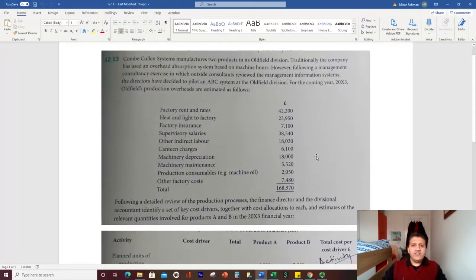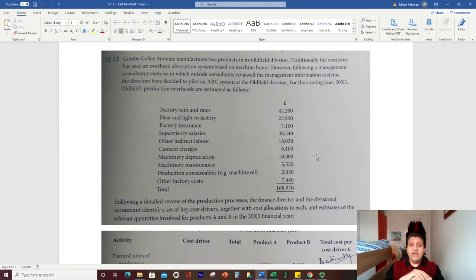Cullen Systems manufactures two products in Oldfield division. Traditionally, the company has used an overhead absorption system, so that's relevant to our absorption costing, based on machine hours. Machine hour is one of the most common methods of absorption.